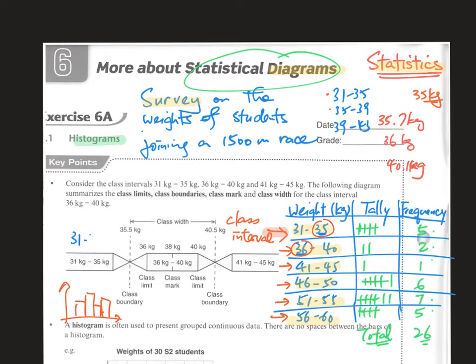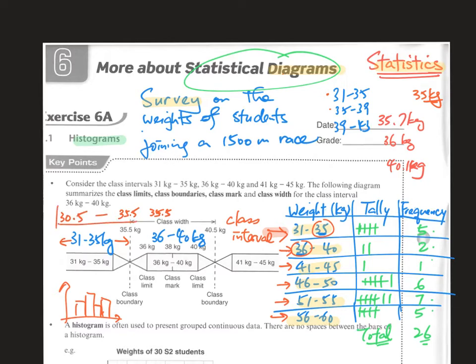You have 31 to 35 kg in the first class interval, 36 to 40 kg in the second class interval. In order to fill the gap, each of the groups should be made larger. That means the first group will be extended to 35.5 and the second group will start from 35.5. So 31 will be extended to the other end, which is 30.5.